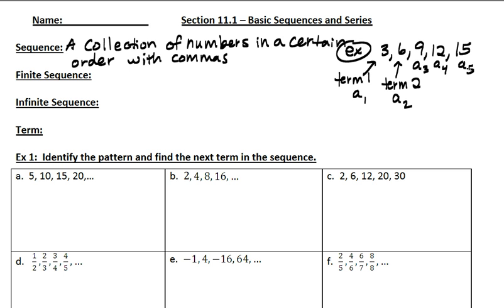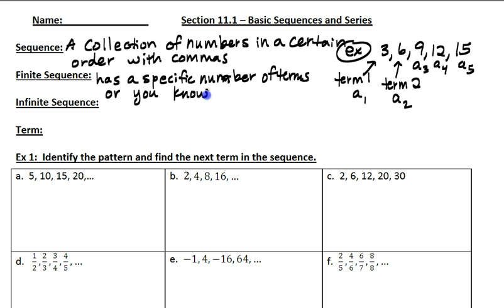The sequence that I just gave you is called a finite sequence. A finite sequence has a specific number of terms, or you know the last term. To make that into an infinite sequence, I would add a ... at the end.